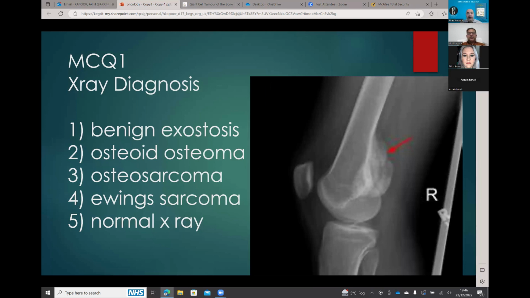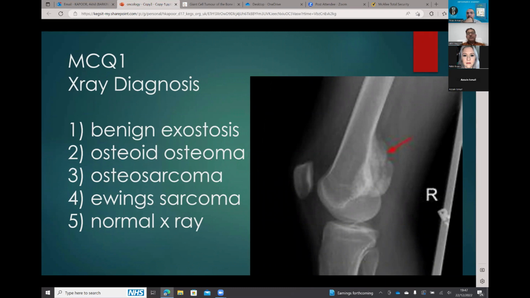On the principles we discussed, think and try to figure it out. What is the location of the lesion? Whereabouts is it in the bone? What is it doing to the bone? Is it going beyond the bone? Is it inside the bone? Can you see the margins of this lesion?